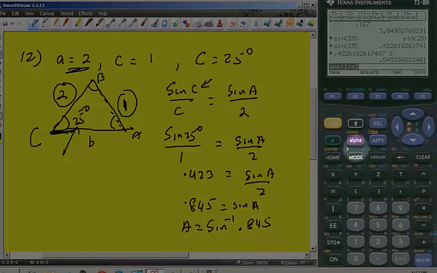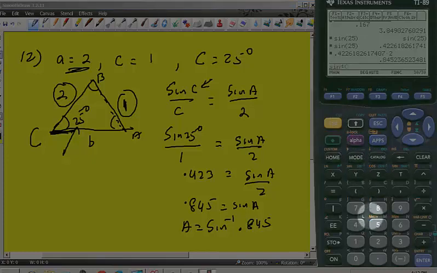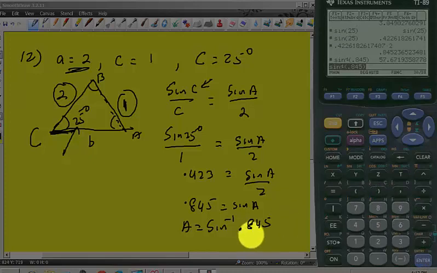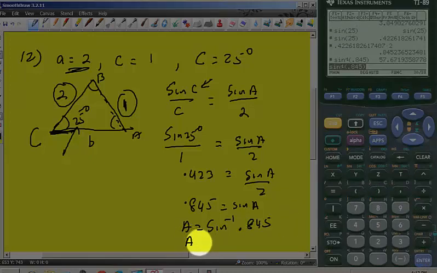Let's go find sine inverse. The green button, sine inverse of 0.845, and hit enter. This turns out to be approximately, let's round this to 58 degrees.